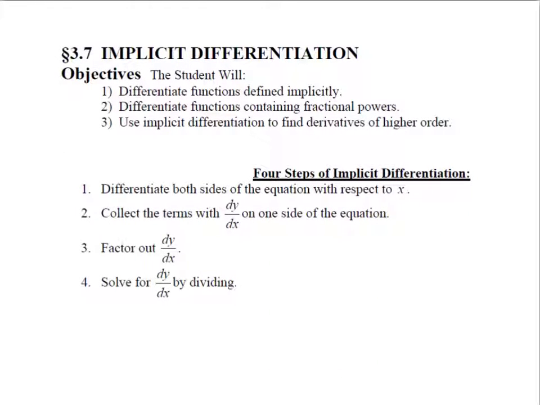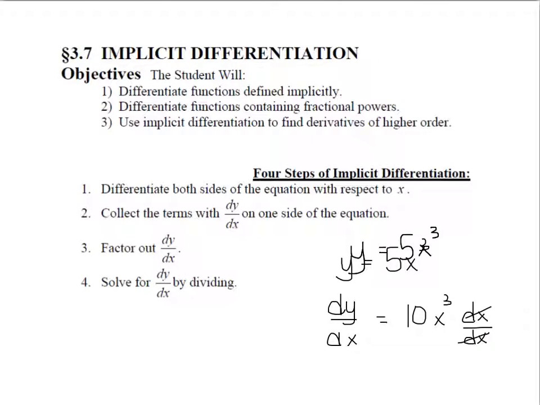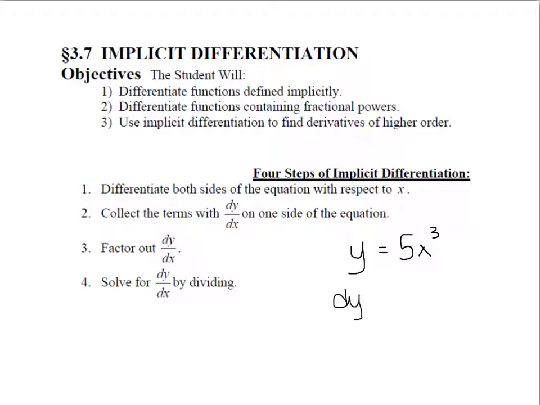When we had problems like y equals 5x cubed, when we took the derivative of y, we said dy over dx. It's the derivative of y with respect to x, and that would equal 15x squared.